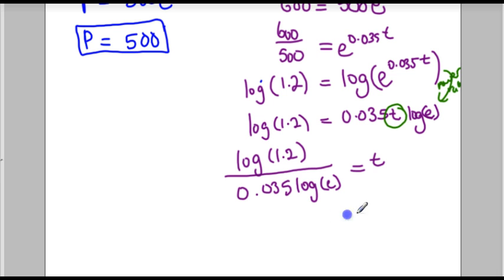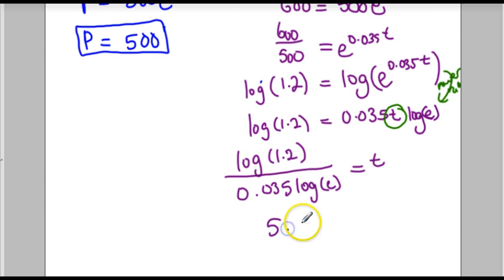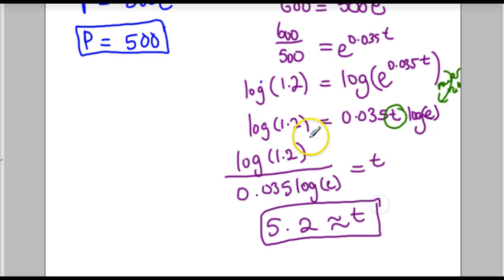And because you have such an amazing calculator, you put this in the calculator and you will get approximately, and it says rounded to the nearest tenth, meaning one decimal place, 5.2 is approximately t, meaning 5.2 years. And that's how long it will take for the population to get to 600.